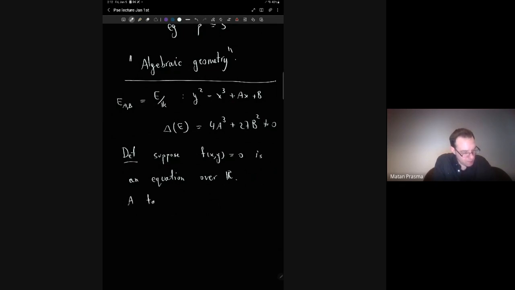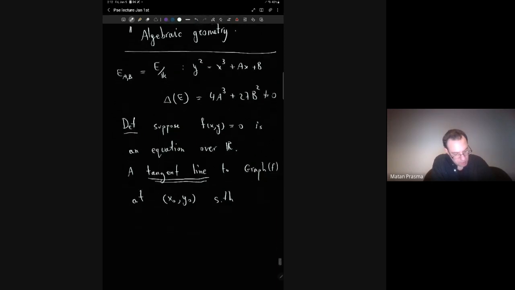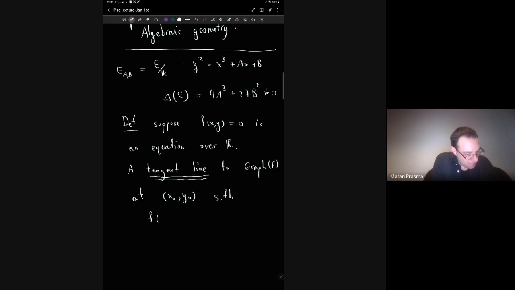A tangent line to f, or to the graph of f, to be precise, at a point in the graph, so at (x0, y0), such that f(x0, y0) is equal to 0, is given by, let me denote it as T(x0, y0).